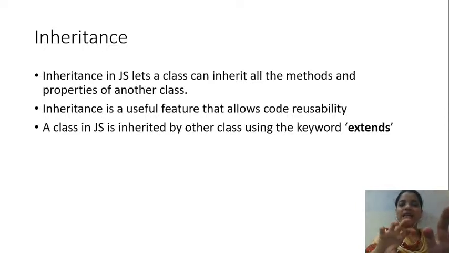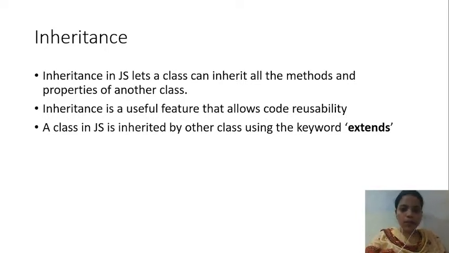One class can inherit properties and methods of another class. Again, one class can use properties and methods of another class. One class can take properties and methods of another class. Provided that another class allows it.